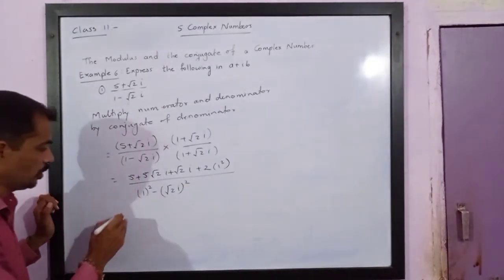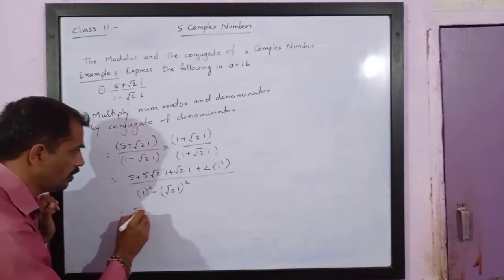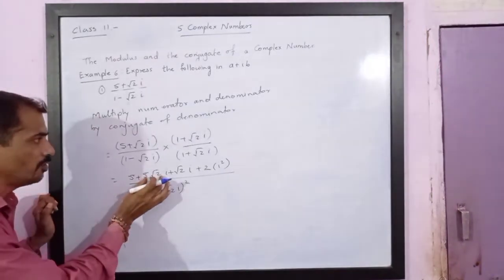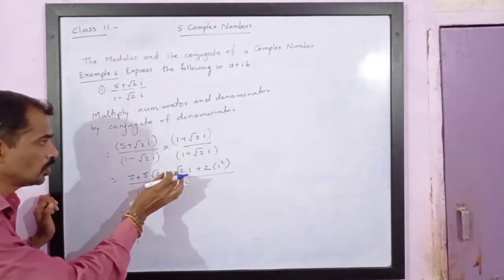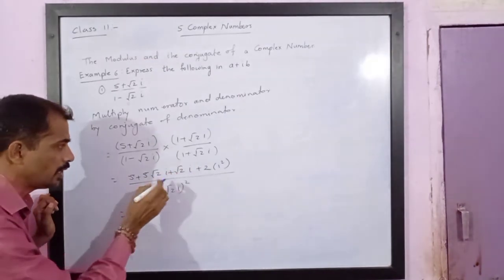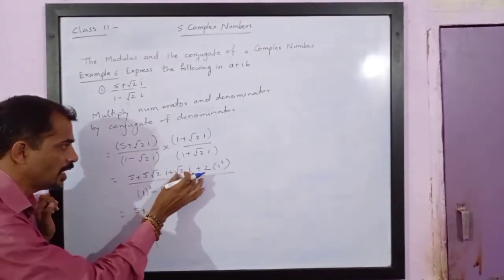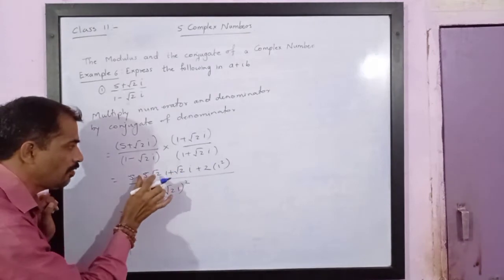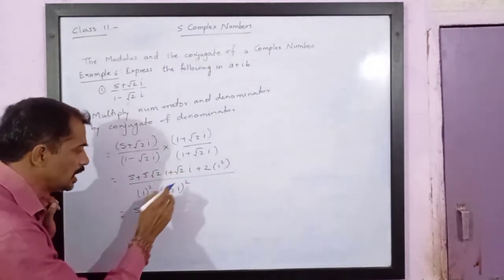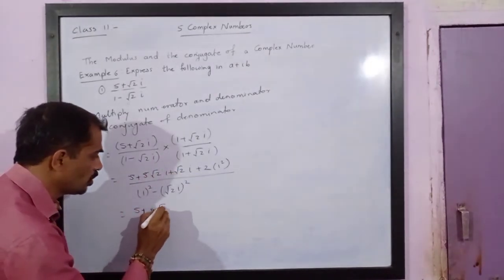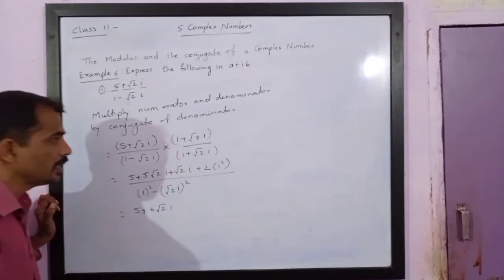Now this is equal to 5 plus 5 root 2 i and root 2 i. This is the imaginary part, so the imaginary parts get added: 5 root 2 plus 1 root 2 is 6 root 2 i.